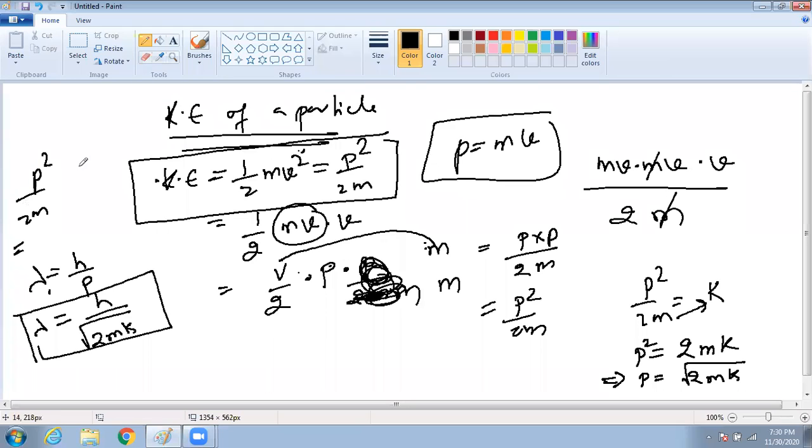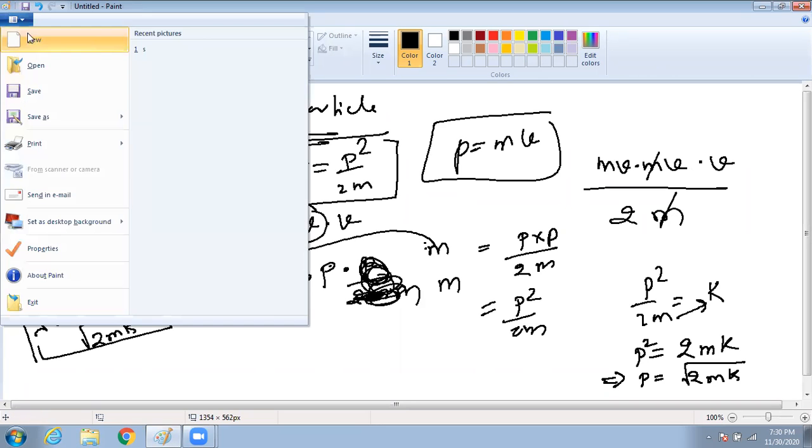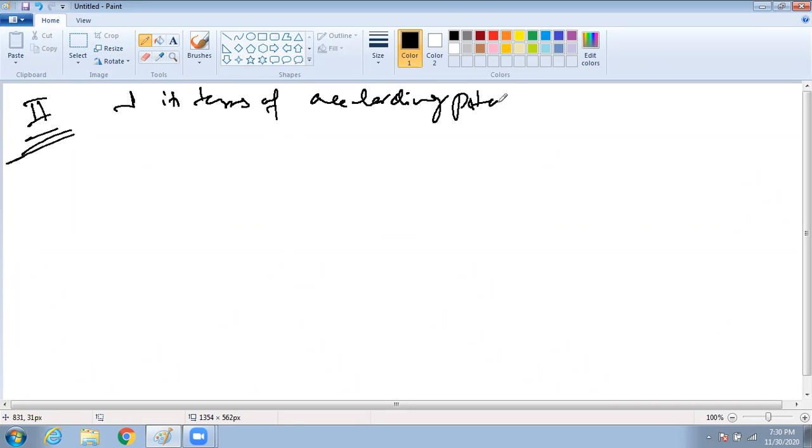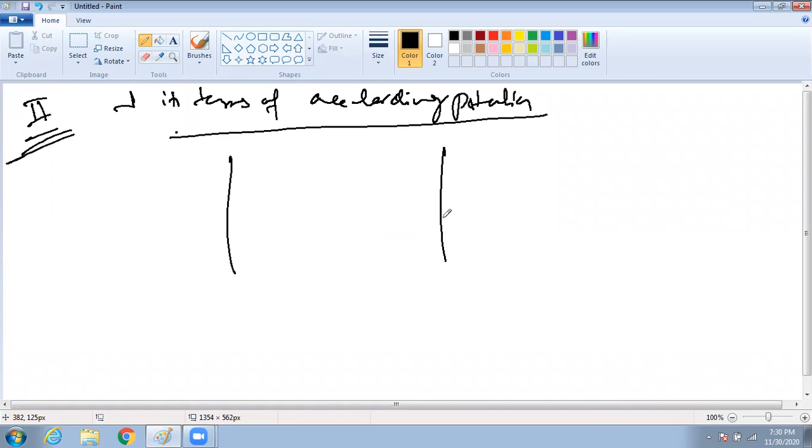So the first case was lambda in terms of kinetic energy of a particle. Now the second case is lambda in terms of accelerating potential. What happened? I applied a potential, and here I have a charge.